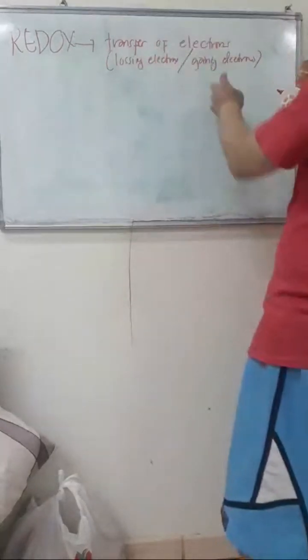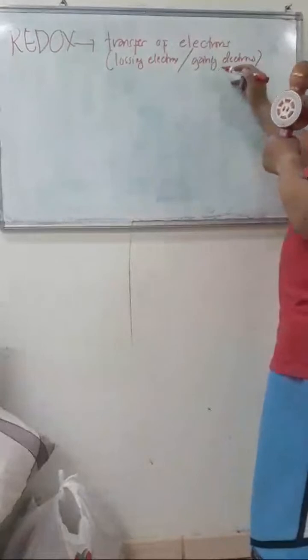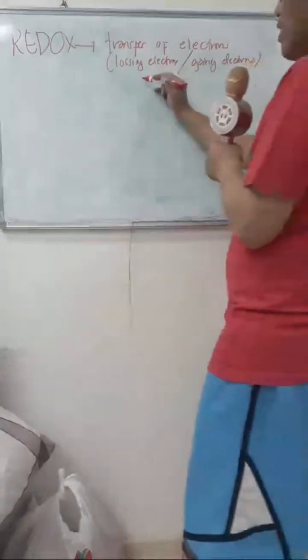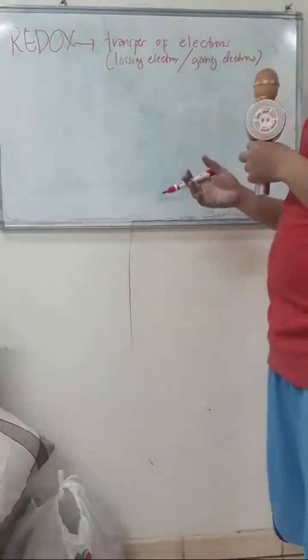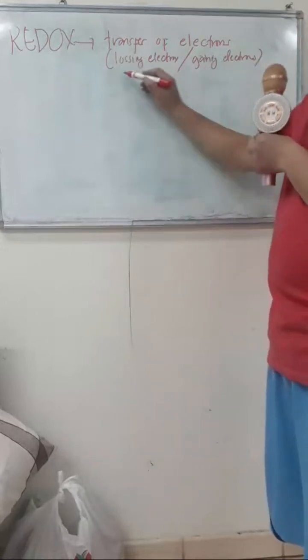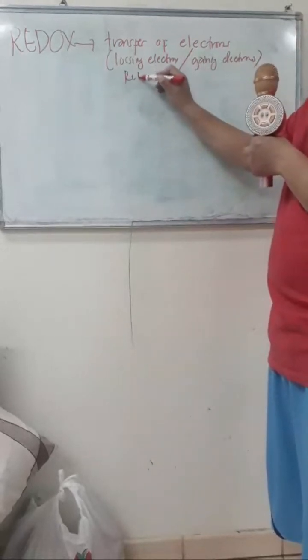Gaining of electrons, usually non-metals and gases. Losing of electrons are elements. Losing of electrons is the ability of an oxidation reaction, then it's like being oxidized. So losing of electrons follows the pattern of being a reducing agent.